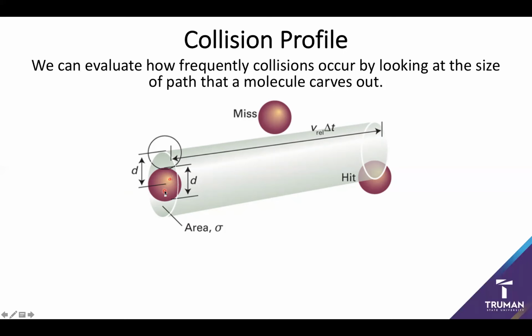And you can imagine that if I'm looking at two identical gas molecules, this is going to be essentially the same as this radius plus the radius of the second gas molecule, or kind of an effective diameter.